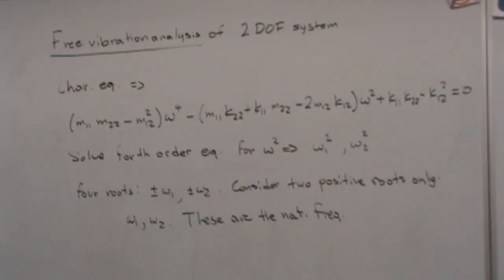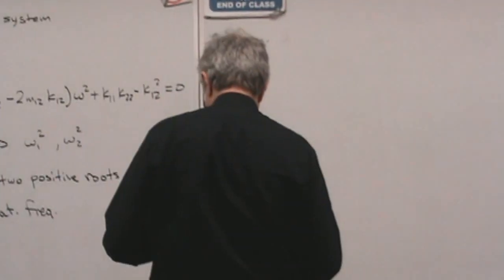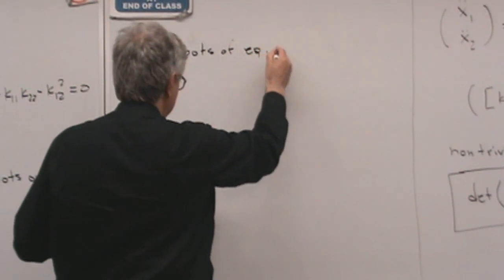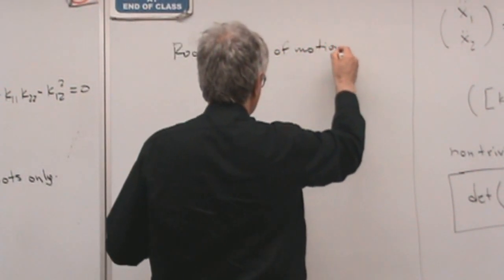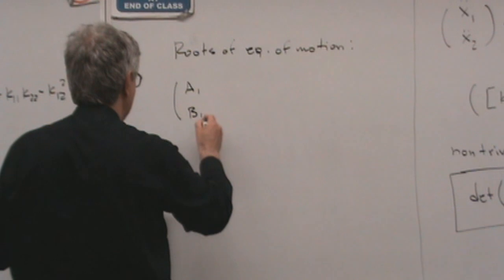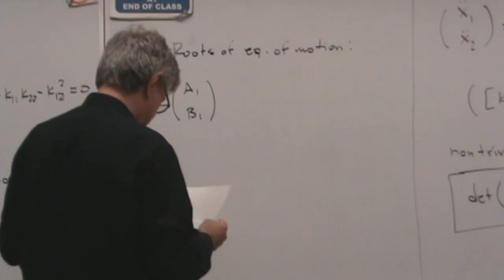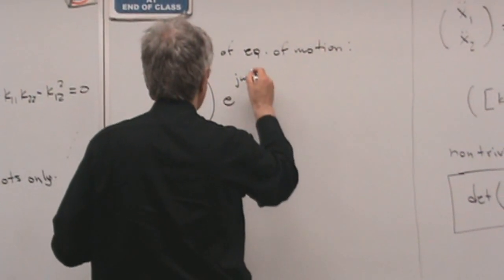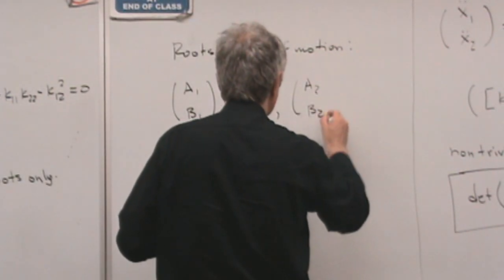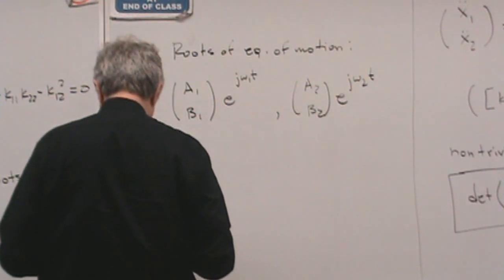The roots of the equation of motion are A1, B1 times e to the j omega 1 t, and there's a second root, A2, B2 times e to the j omega 2 t.